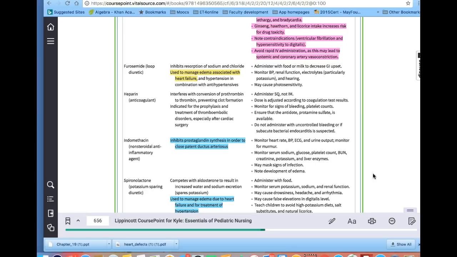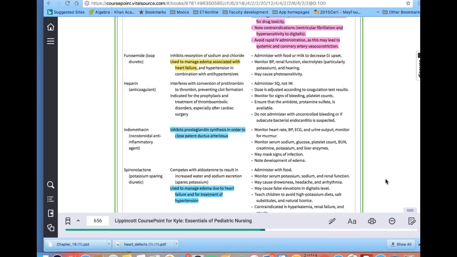I had a PDA when I was 5. Well, it was discovered when I was 5, and they closed it with surgery. Nowadays, they close it with indomethacin. So just remember, indomethacin, prostaglandin, opposites. Prostaglandin keeps it open, indomethacin shuts it.